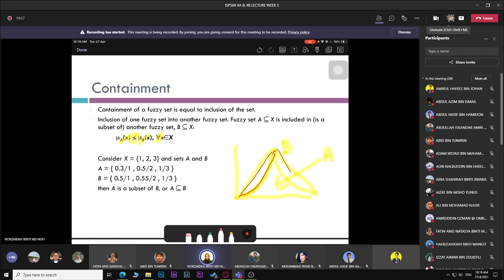So if every single element fits this situation, we say it is a subset. Right. Look at the set given to you, for example below. Okay.